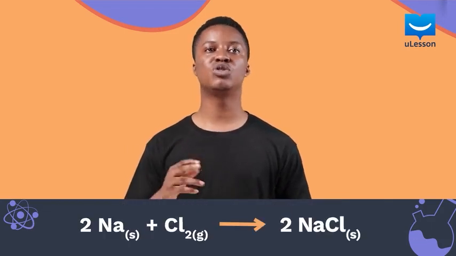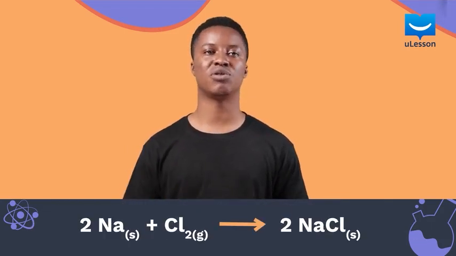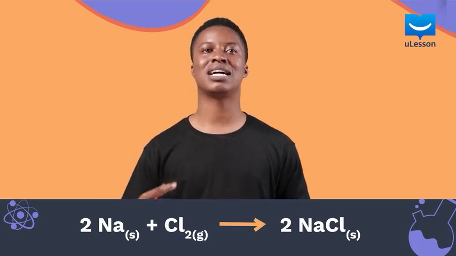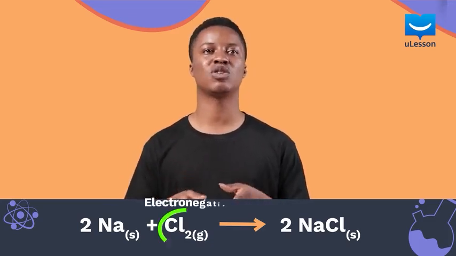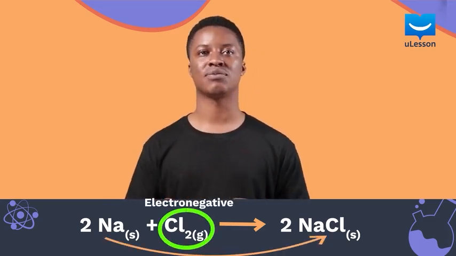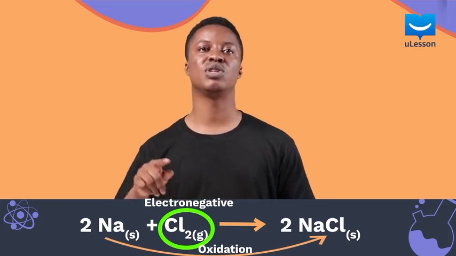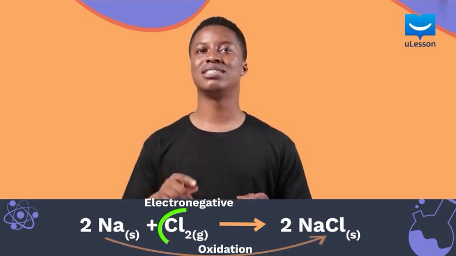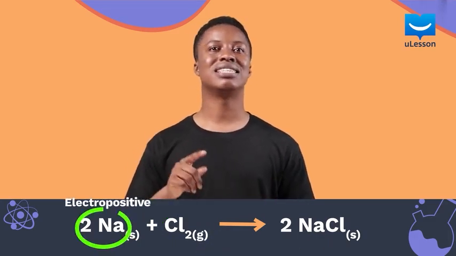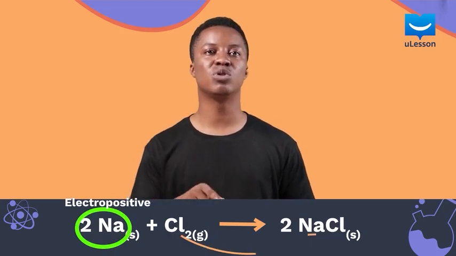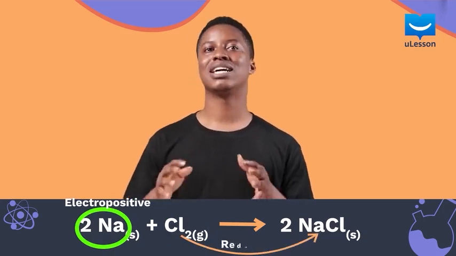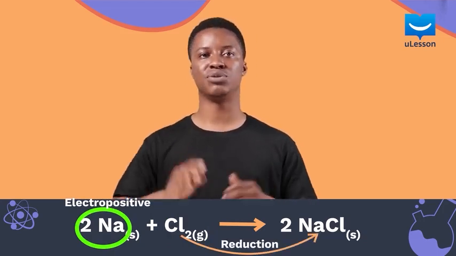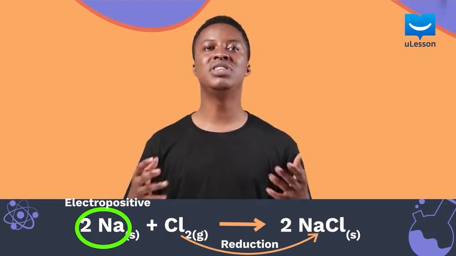In the reaction between sodium and chlorine to form sodium chloride, because the sodium atom has an electronegative atom of chlorine added to it, we can say that sodium has been oxidized. While since the chlorine atom had an electropositive atom of sodium added to it, we can say that chlorine has been reduced.